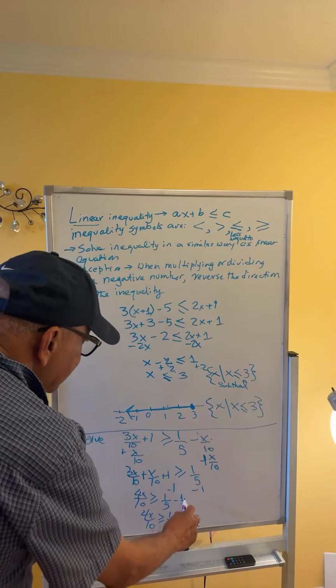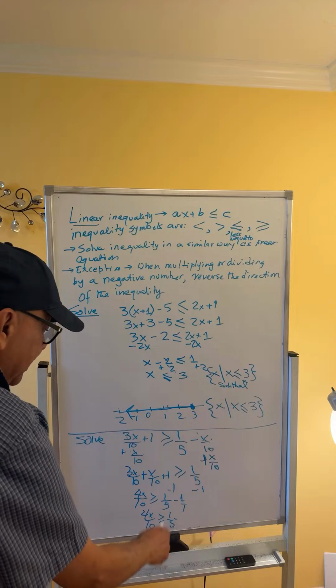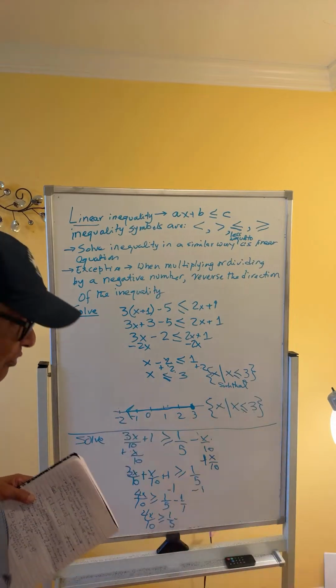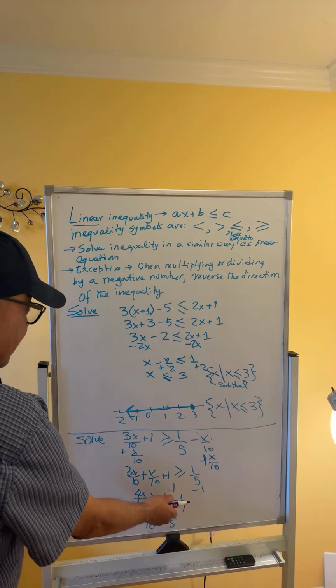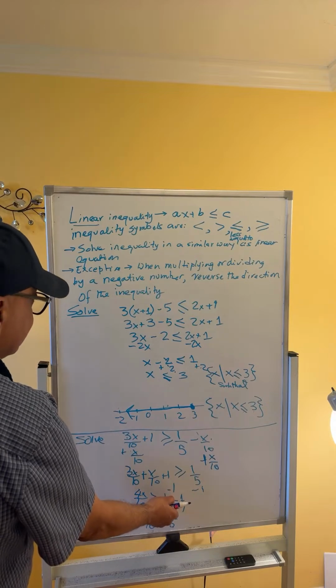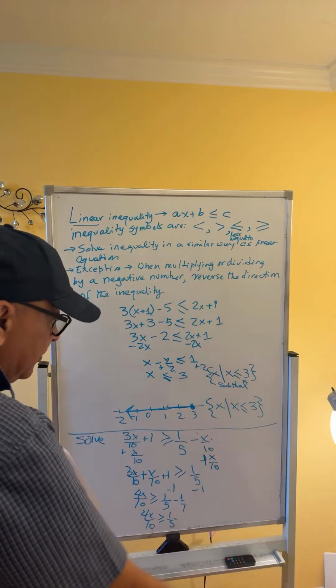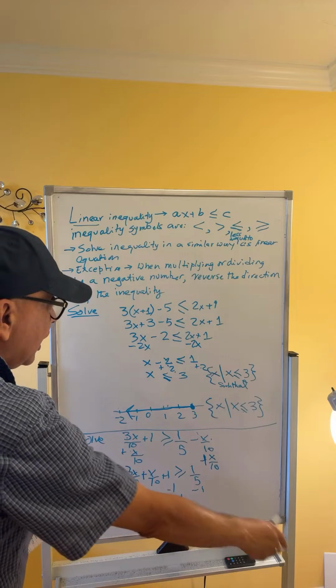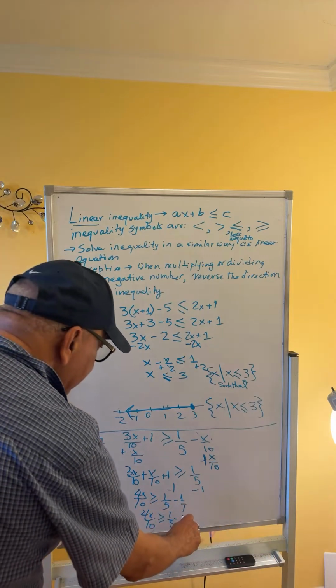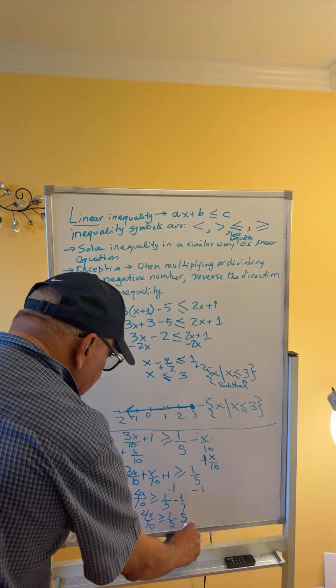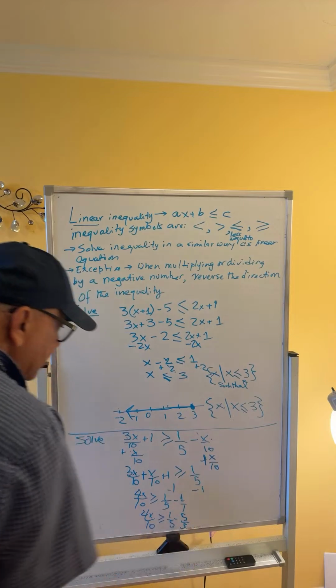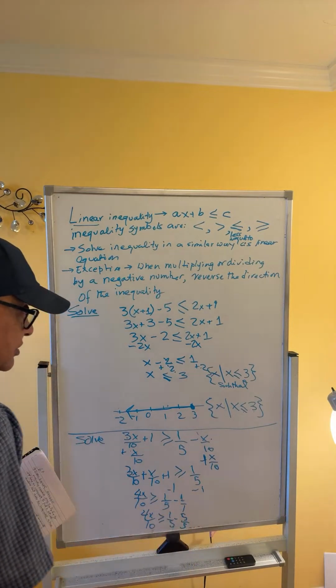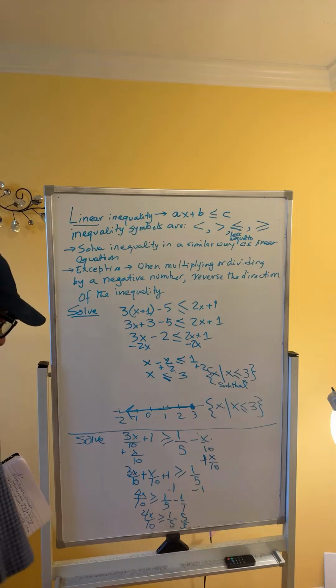I will multiply the numerator and denominator by 5. You ask me why 5? Because 5 is already in the denominator of the first fraction. I have to keep the denominator same, so 1 I will convert to 5 over 5. In that case, the denominators on the right hand side of both terms are the same, which is 5.